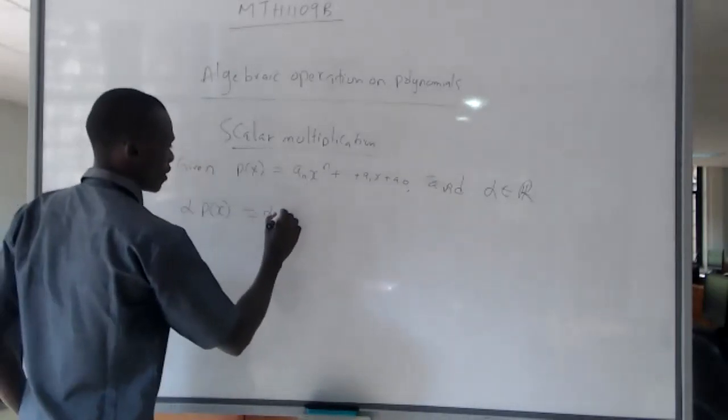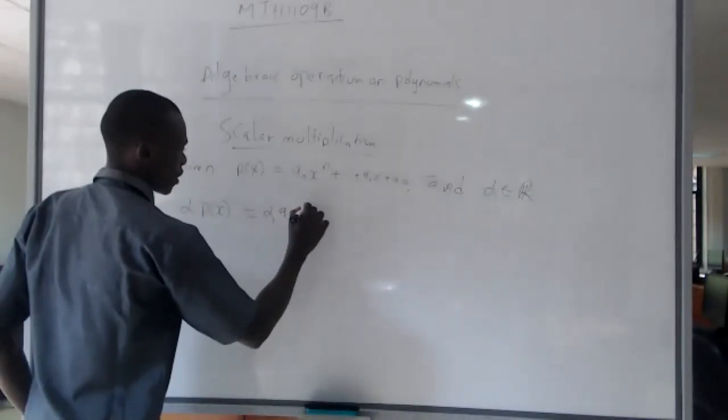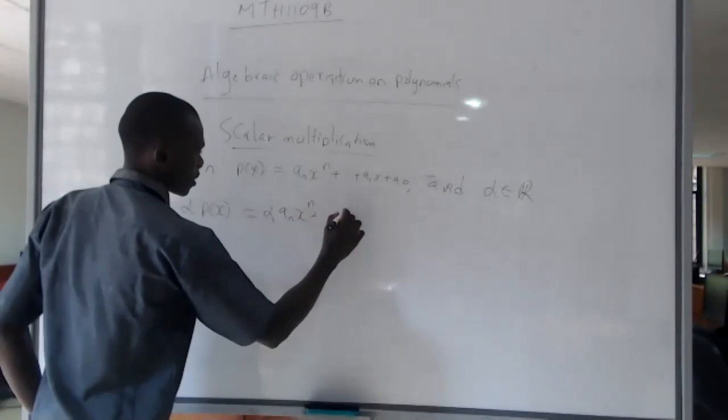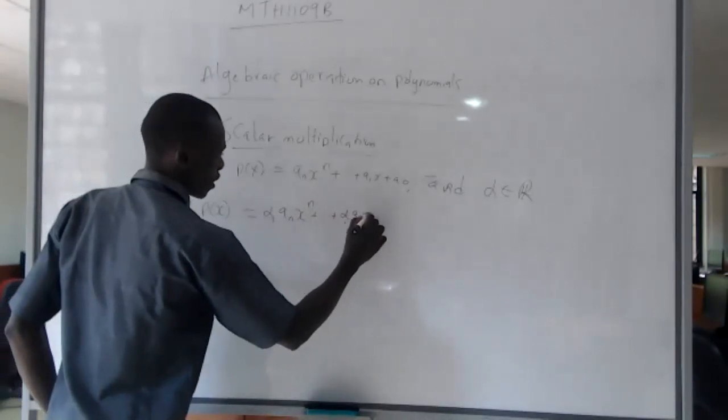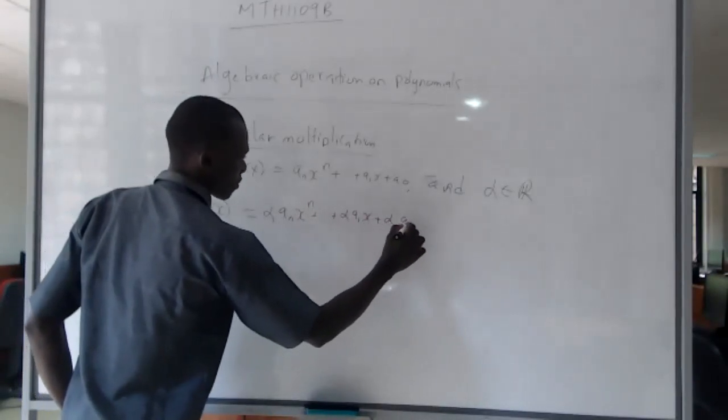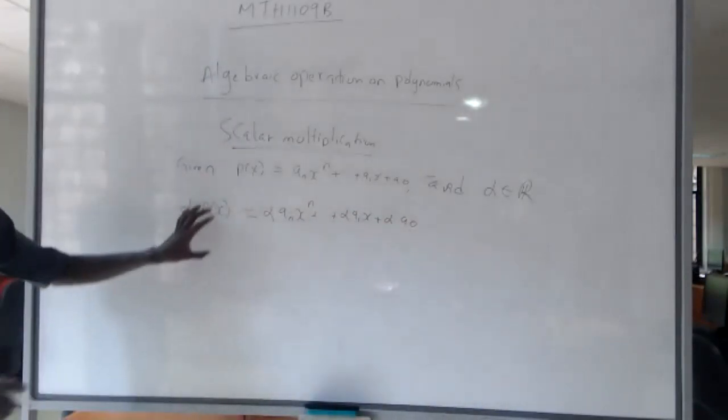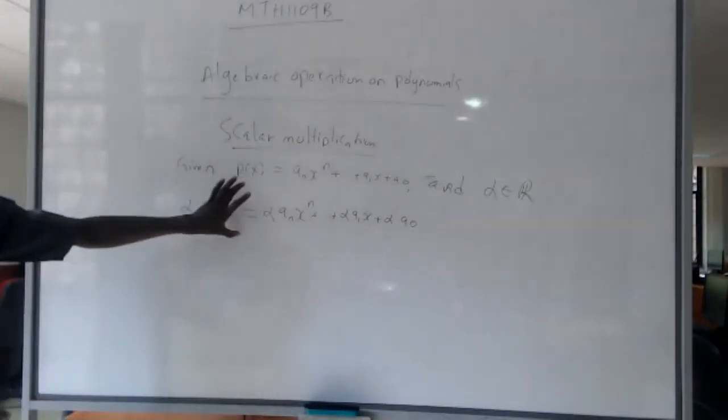So we'll have alpha an x to the n plus alpha a1 x plus alpha a naught. Just multiply each of the coefficients by the scalar.